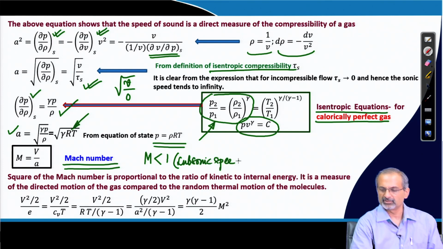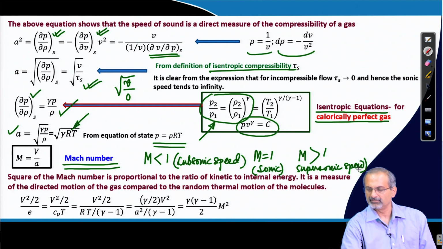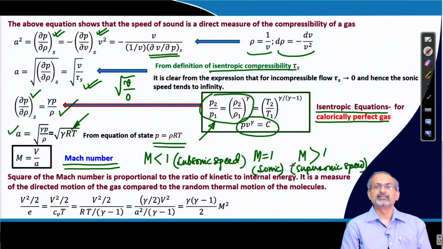Why subsonic? Because we are comparing it with the speed of sound and it is lower than that. When it is exactly equal to 1, it is sonic. When it is greater than 1, it is supersonic. That means V has exceeded the value of A.